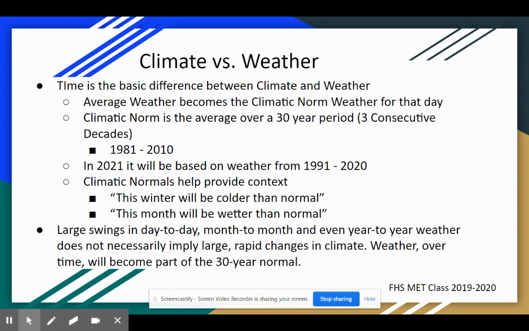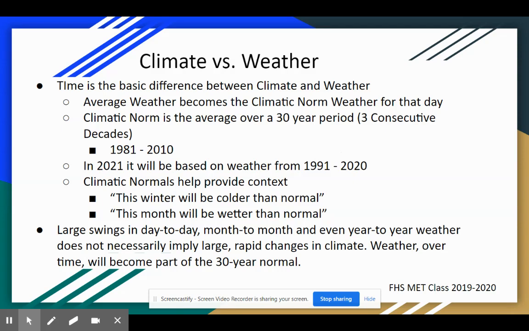Now, climatic norm is averaged over a 30-year period or 3 consecutive decades. Right now, when we look at averages, we look at the averages based on 3 decades spanning from 1981 to 2010. Next year, in 2021, those averages will be based on the weather from 1991 to 2020.